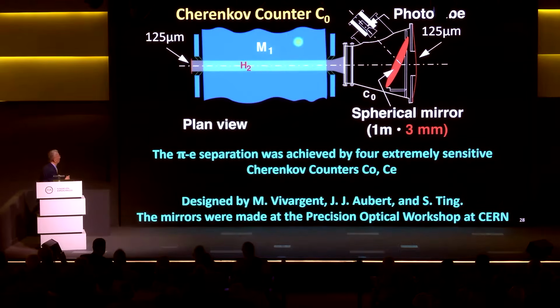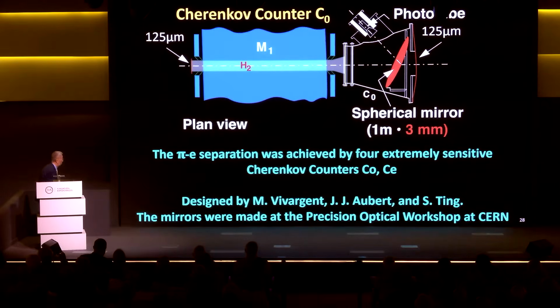This is a Cherenkov counter, and it has a large spherical mirror, 1 meter in diameter, 3 millimeters thick, and very little material, 125 micron mylar, with hydrogen inside. This was designed by Marcel Vivargent, Jean-Jacques Aubert, and myself.